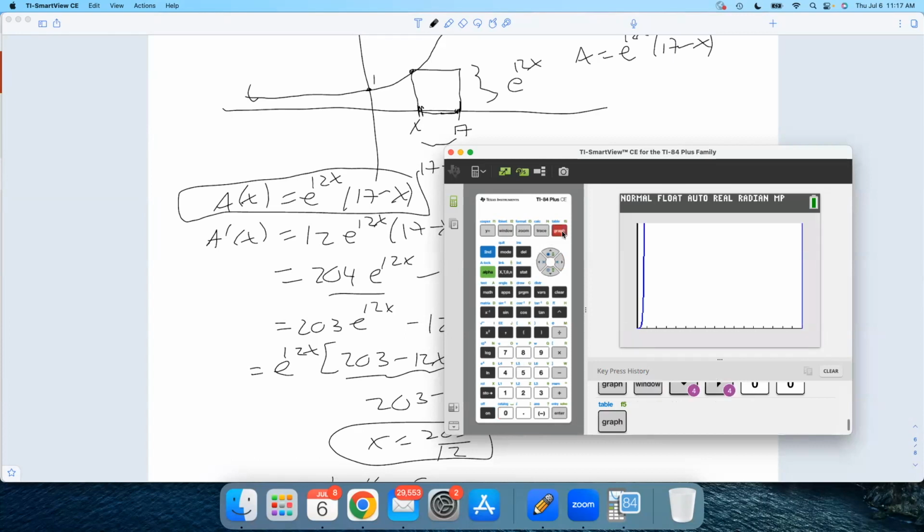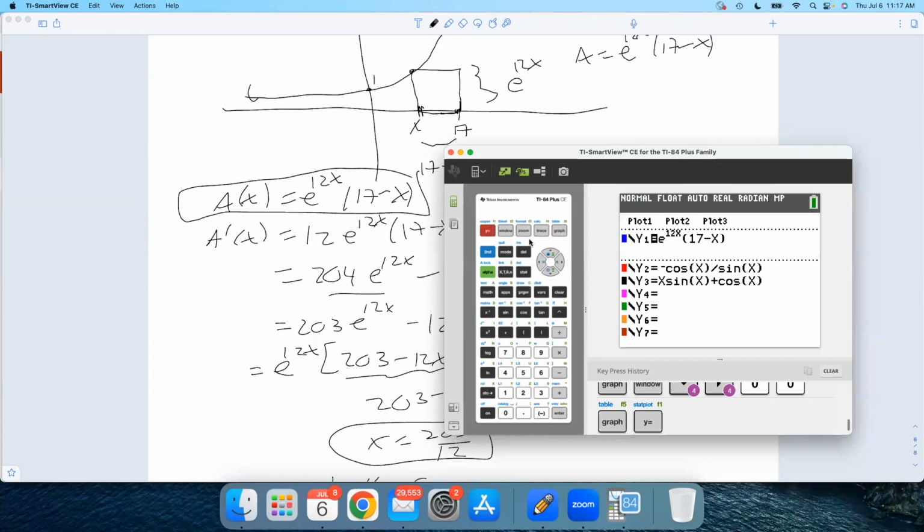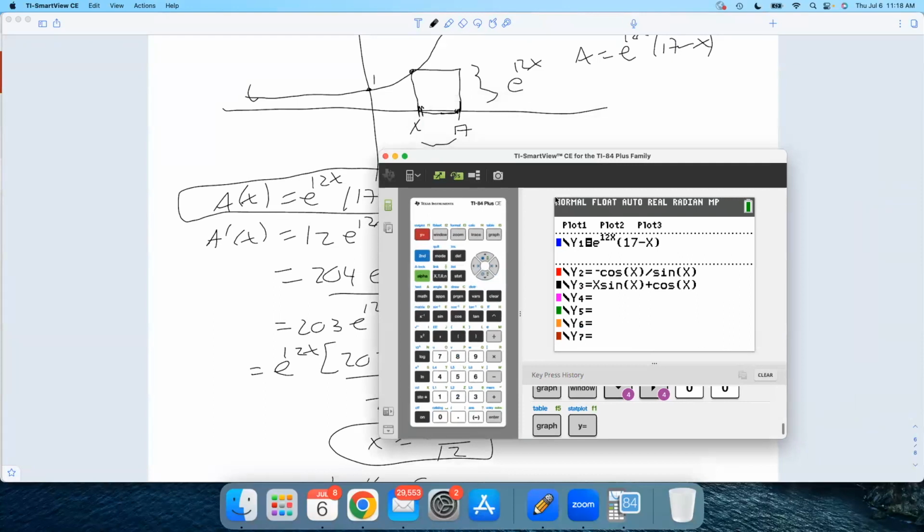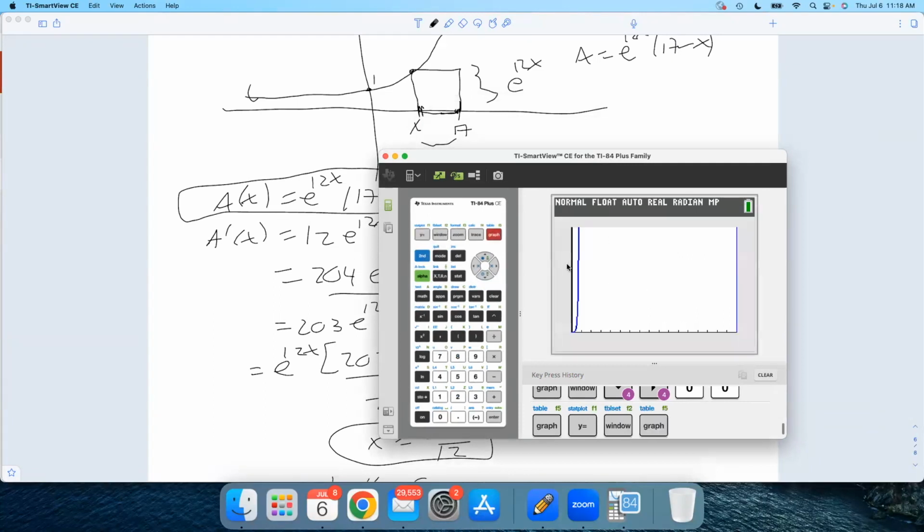Oh, those y values, let me make sure I plug that in right. When I plug in that number right there, that's bigger than 10, we're going to get something like e to the 120th power. We're getting some gigantic number. So someplace up here is the maximum. I don't know if it's worth looking anymore.